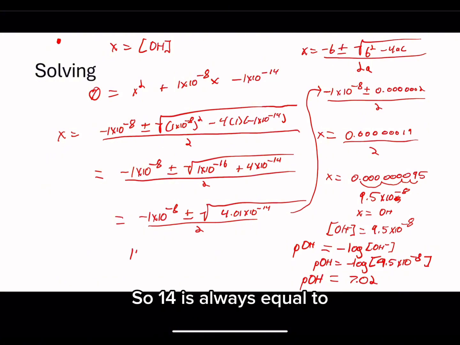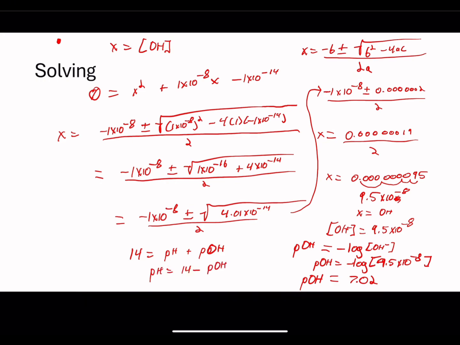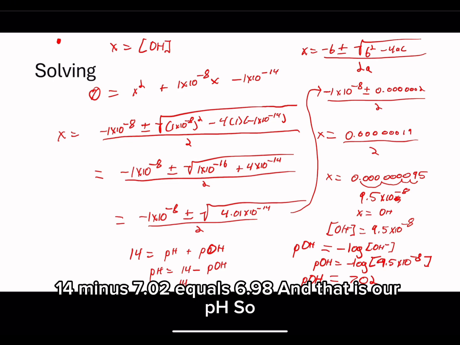So 14 is always equal to pH plus pOH. So conversely, pH equals 14 minus pOH. So here our pOH is 7.02. So 14 minus 7.02 equals 6.98. And that is our pH.